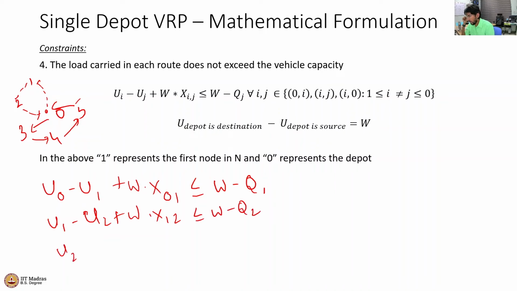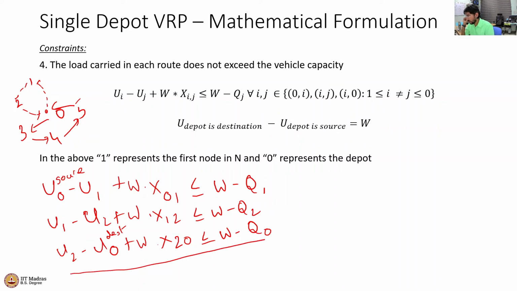Then from 2 I go back to 0, plus W times X_2,0 less than or equal to W minus Q0. The most important thing: this is the source, this is the destination.